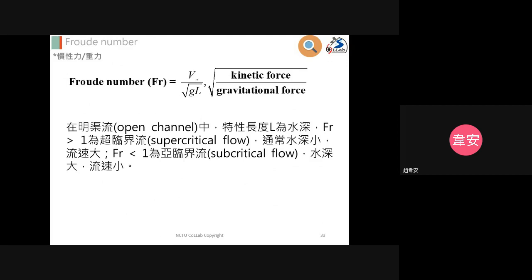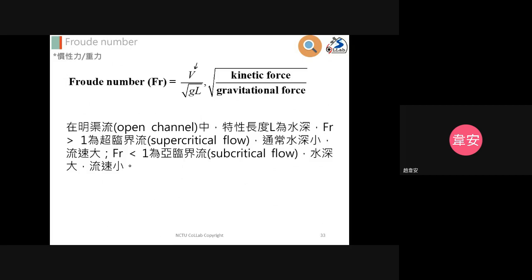And the final one is the Froude number. The Froude number is defined by the ratio between the velocity and the root of gravity times L. So that's a very normal variable used in open channel problems.